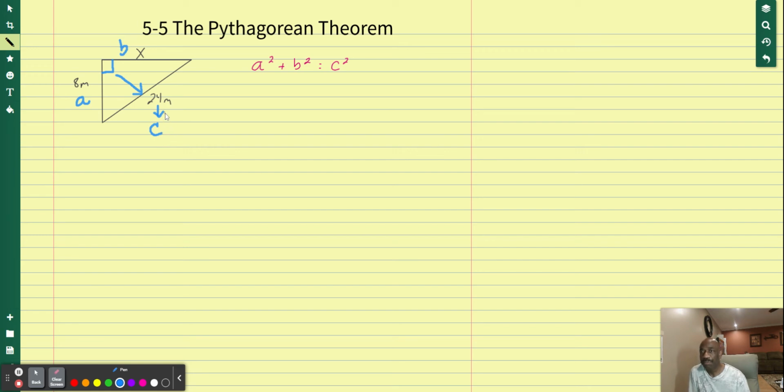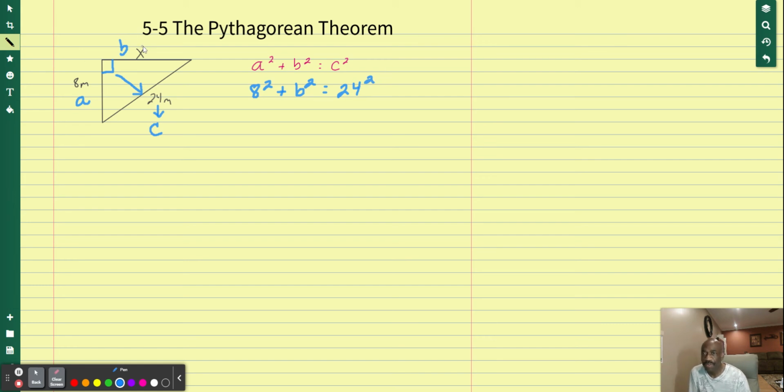All right. So let's plug in our numbers. So now if A and B are 8 squared plus X, which is my B squared. I'll just keep it as B squared. It doesn't matter what letter you use here. Like here it has X, but I can leave it as B squared equals C squared, which is 24 squared, right?